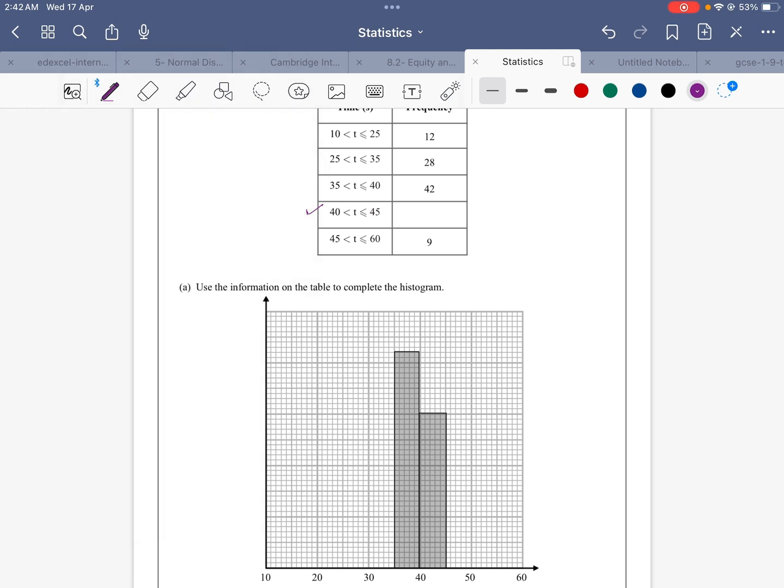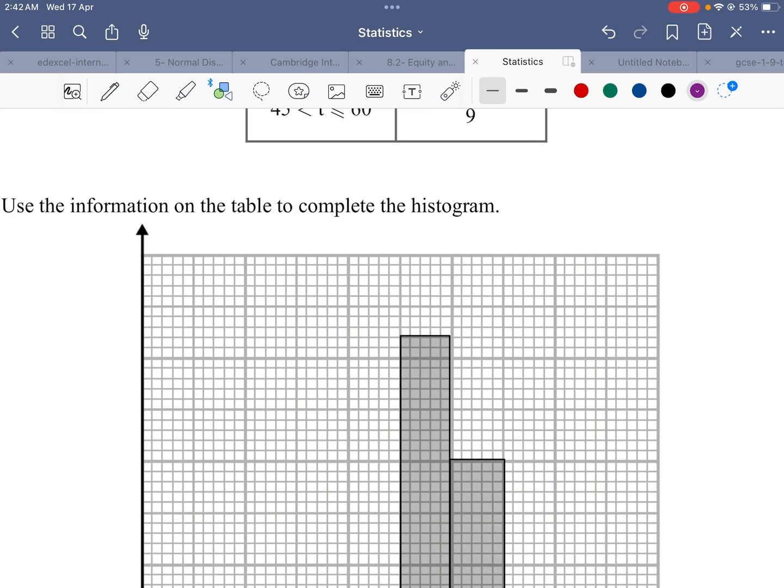So let's calculate the frequency density. We don't know the value of this point, because this is where the bar is ending, and this is the value of frequency density.